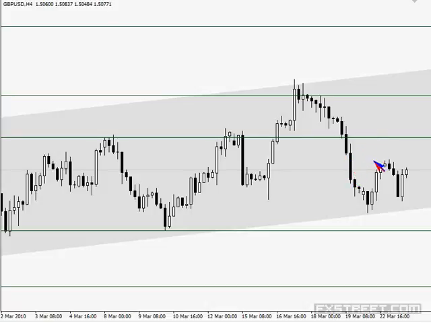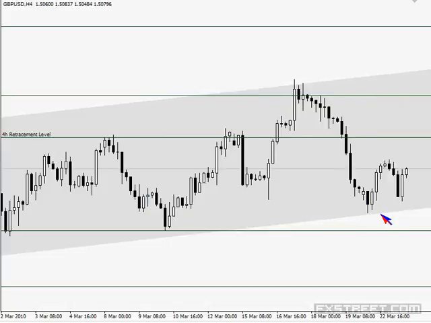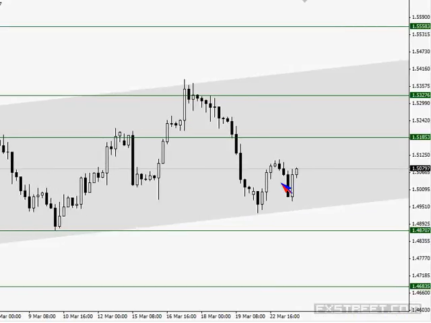So we have an area in here that is a retracement level. That's going to become significant to me because if I see bounce-like behavior, and we've actually already seen that trigger here, coming off of this support, that's going to make a reasonable profit target to be able to hit.